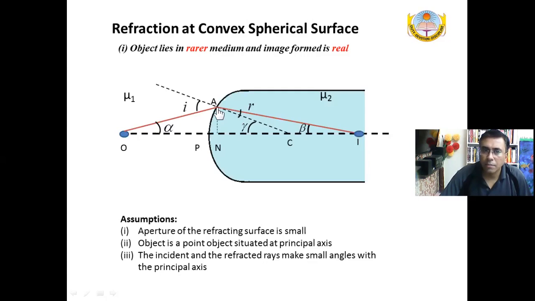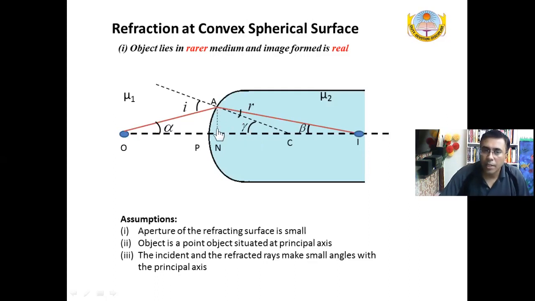It strikes the spherical refracting surface at point A. At point A, the refraction takes place and the light ray bends towards the normal and strikes the principal axis at point I. At the point where the principal axis and this refracted ray meet, that is point I, we get the image of this object O. The angle which the incident ray makes with the principal axis is alpha, the angle which the refracted ray makes with the principal axis is beta, and the angle which the normal makes with the principal axis is gamma.